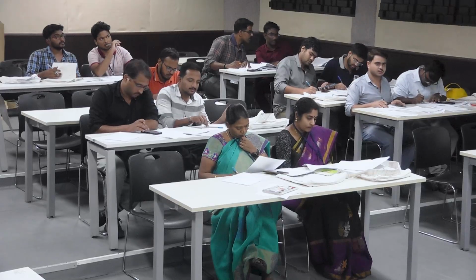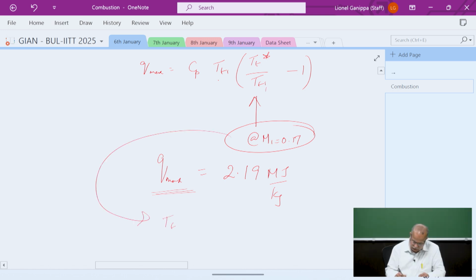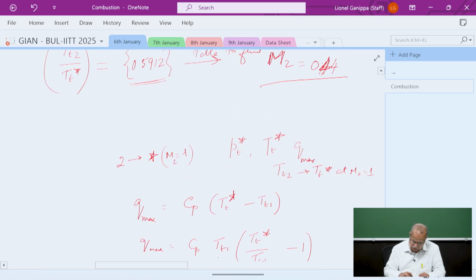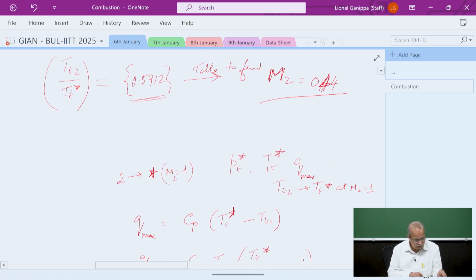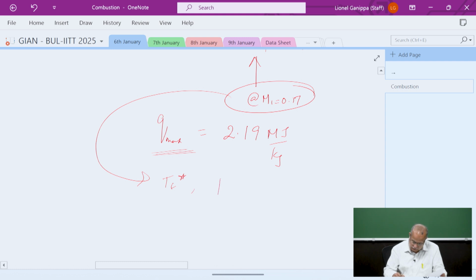Okay, once you have got it, from this value you can calculate TT star. That is what you're asked to find out: calculate the stagnation conditions corresponding to choking conditions. So we are asked to find TT star and PT star.